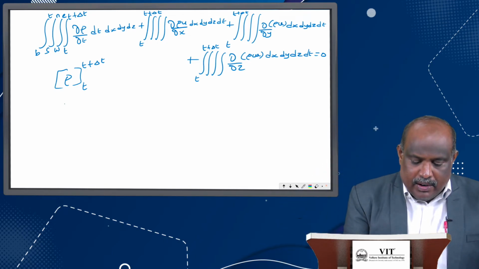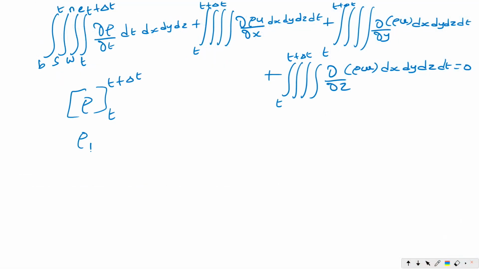So this value will become ρp minus ρ naught p. What are ρp and ρ naught p? ρp is the density at the point p at the time t plus delta t, and ρ naught p is the density at the time t. Out of these two variables, which is known to you? ρ naught p is known, because it is the density corresponding to time t, whereas the density at time t plus delta t, ρp, is unknown.